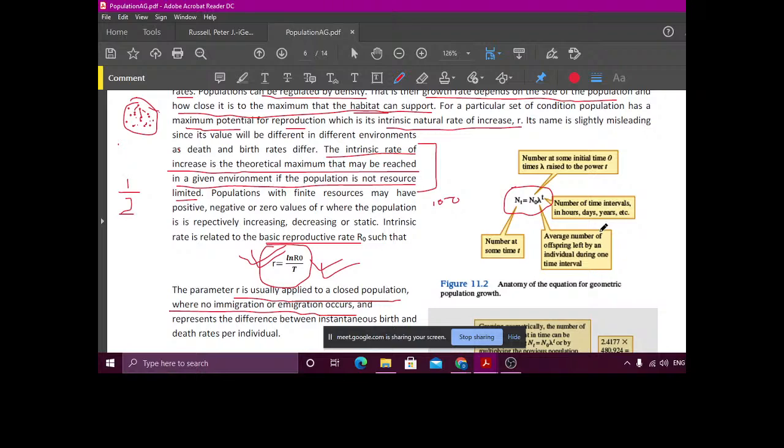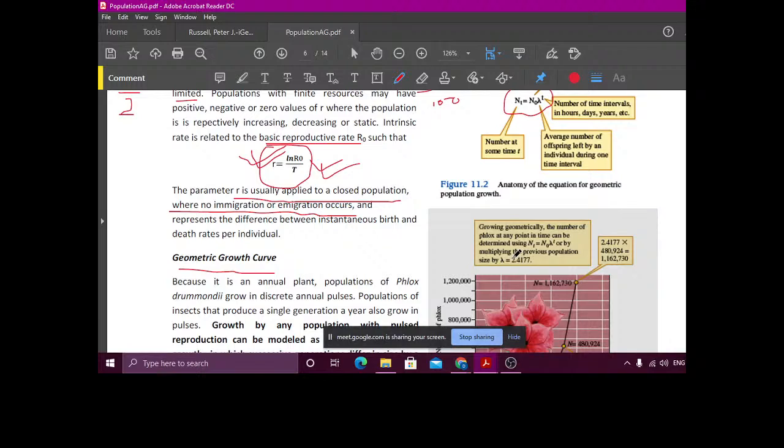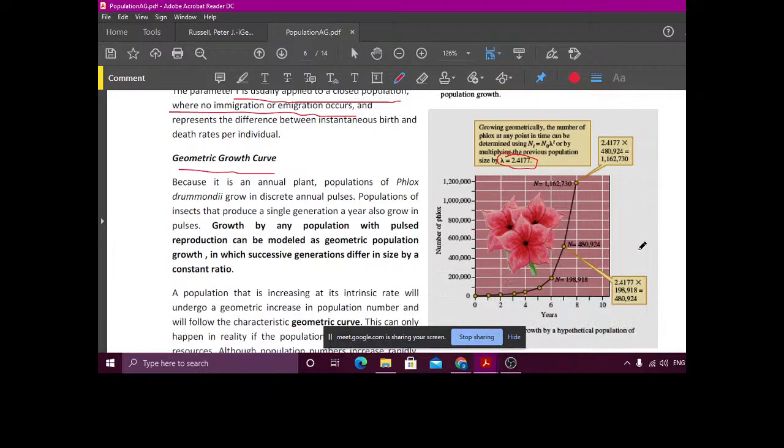It is the average number of offspring left by an individual during a time interval, and that is raised to the power t. So lambda basically here in this case is 2.4177. That is the value of lambda over here.